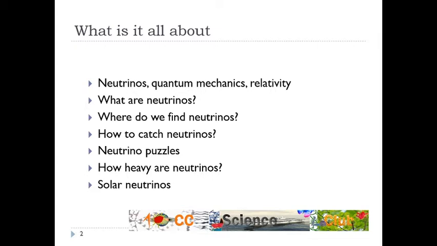There's a lot of stuff around it, and there have been a number of Nobel prizes around the neutrino. Really, considering that it's so tiny, it has to be addressed quantum mechanically, and also because it is found in cosmic rays and in cosmic processes.